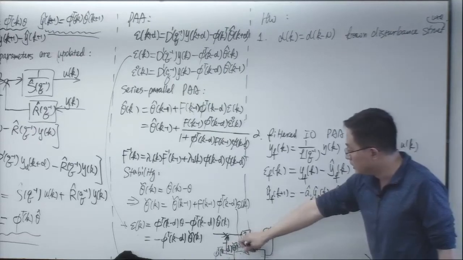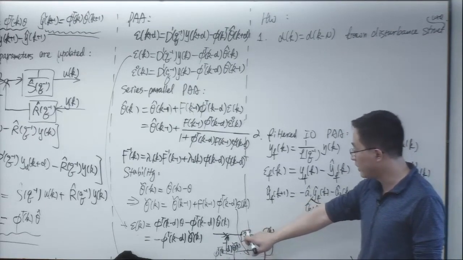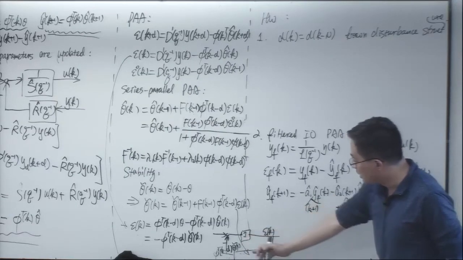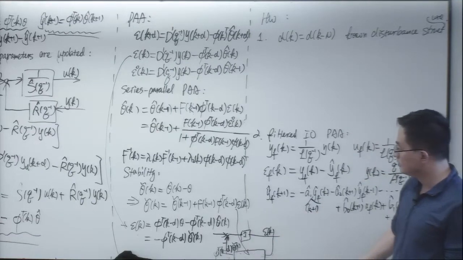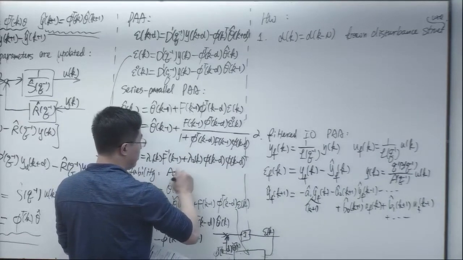So this is the same as recursive least square series parallel adaptation, where you have a unity LTI block and some standard nonlinear block. So it is always asymptotically hyperstable.